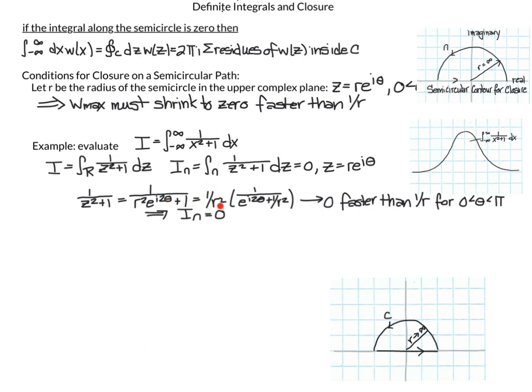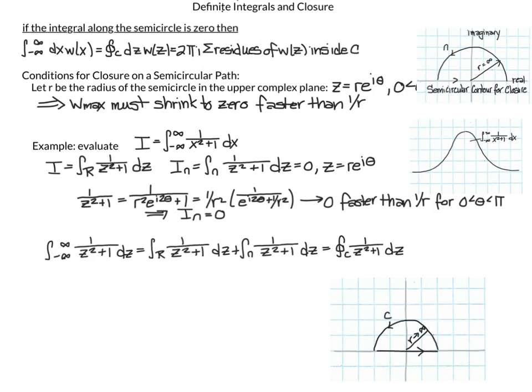I can factor out my 1 over r squared, and then I have 1 over e to the i 2 theta plus 1. Because of this r squared term, this approaches 0 faster than 1 over r, which implies by our condition for closure that our integral over the semicircular region is equal to 0. And now we are free to continue using our residue theorem.